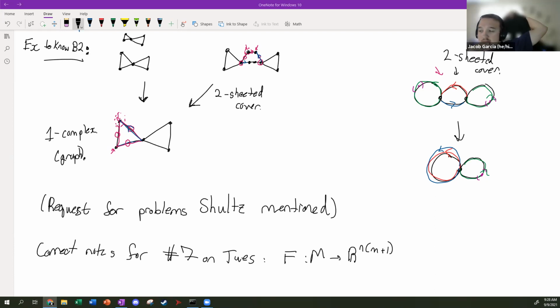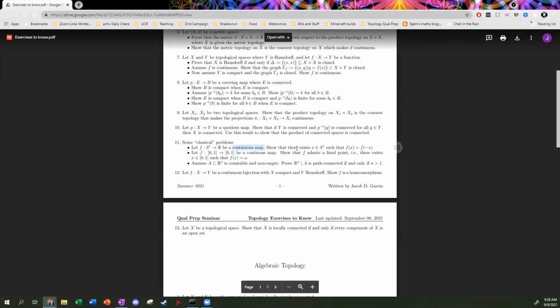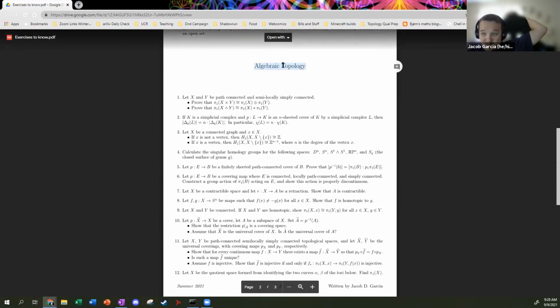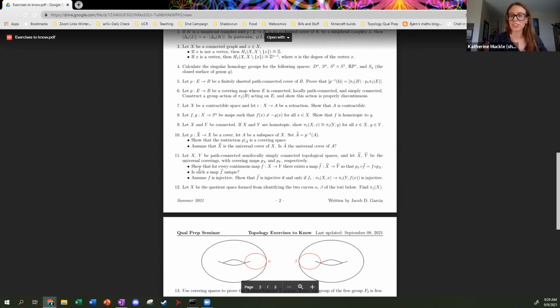Yeah, so for part B of question 11, the first bullet point, showing that there exists a fixed point from a circle to R. It's not the circle one, Jacob. It's not that one she said. Oh, okay. So sorry, algebraic topology. That's what you meant. Oh, yes, I'm sorry.